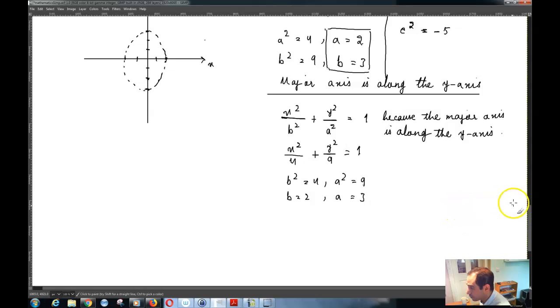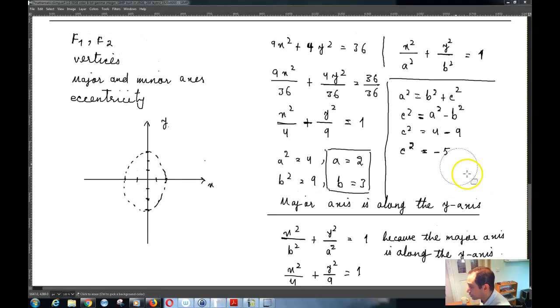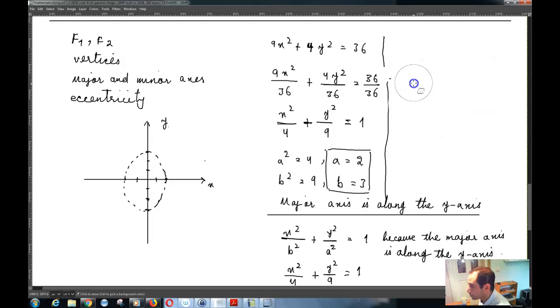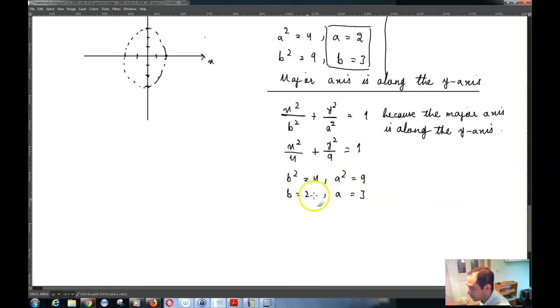And now I can calculate. So now I can calculate my c.